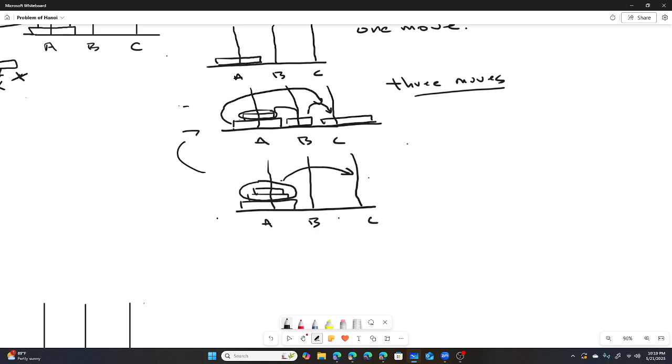So suppose that this is 3 moves, right? How many moves does it take to transpose this bottom disk to, let's say, pin B? That would be 1 move.